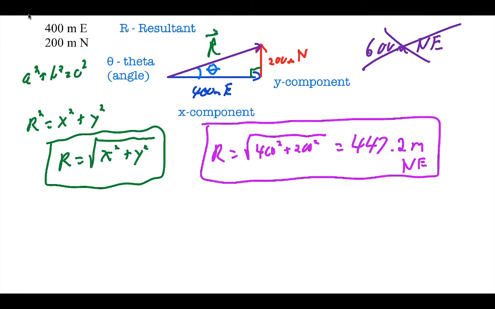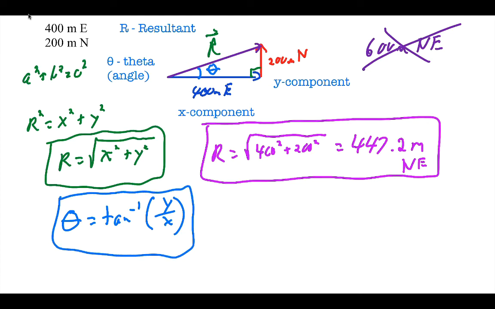Now, I could go through a lot of trigonometry with you to tell you all about these things called sine, cosine, and tangent. But I'm going to let a trigonometry teacher teach you all the nuances of that later on in your life. So for me, I'm just going to tell you how to do it. Calculating theta uses something called the inverse tangent of the y component over the x component.